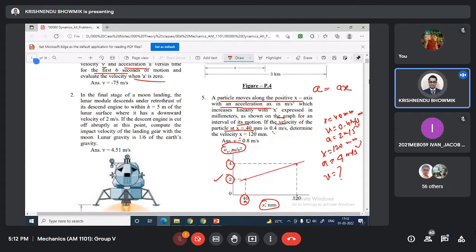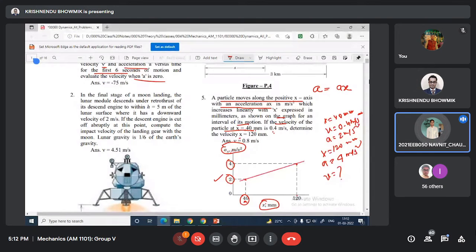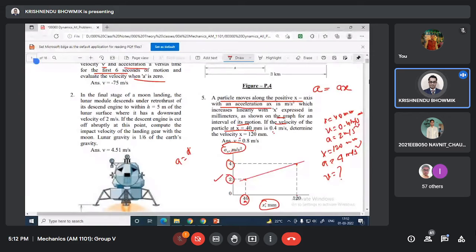You have to calculate the velocity. Okay, now tell me what to do to solve this. What approach do you want to adopt? Acceleration is equal to v dv by dx. Acceleration equal to dv dt, and also v dv by ds.